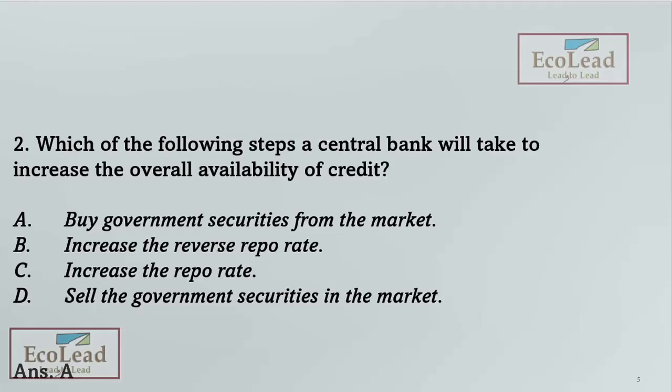So option A is the correct one when the government buys the securities from the market. Government buying means the government is giving money to the public. Right? The government is giving that money to the public and the public is selling those bonds or government securities to the government. So option A is the correct option.